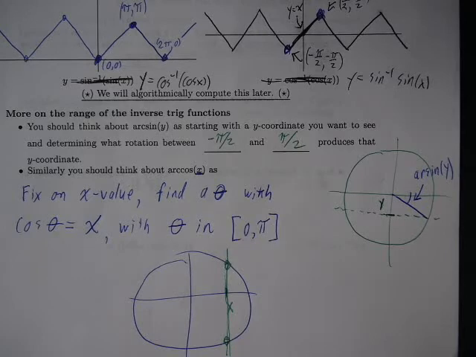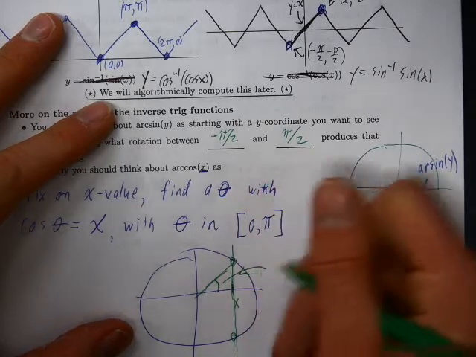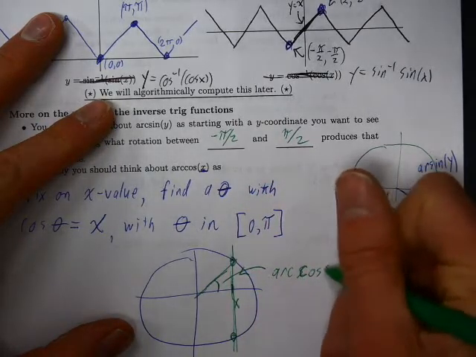Quadrant 1, because 0 to pi is quadrant 1 and quadrant 2. So it'll give me the one that's in quadrant 1 or quadrant 2. Well, it's not in quadrant 2 because x is positive in that particular picture. So this angle is inverse cosine of x.